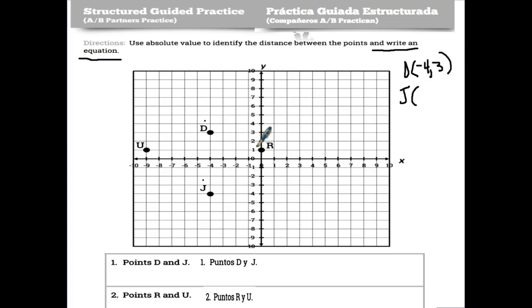For point J, X is -4, so my X coordinate is the same, and Y for J is -4.